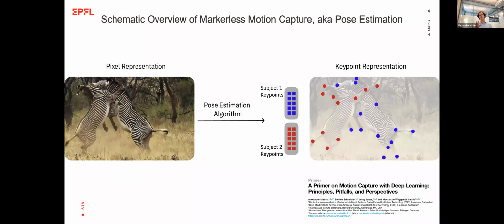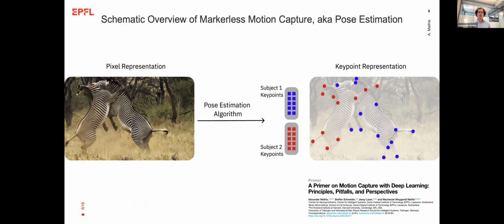What I was motivating is that with pose estimation algorithms, we can go from high-level pixel representations to low-level keypoint representations. With this video by Johansson, I was motivating that these keypoint representations are very useful for downstream tasks because they have very few bits of information and still capture the essence. Pose estimation algorithms try to make that mapping, going from either single frames or videos to keypoints.